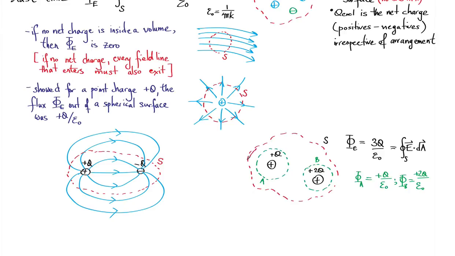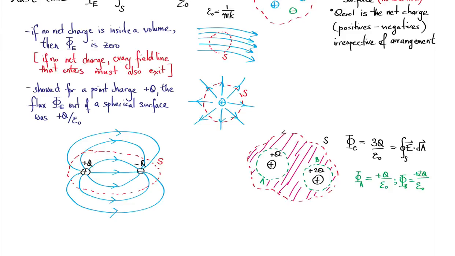So it'd be some kind of surface like this. Try not to shade it too much. So what you can do is think of this larger surface S as being comprised of these green spheres that are centered on charge A and charge B, like we have over here.